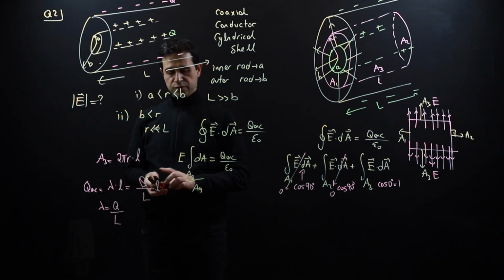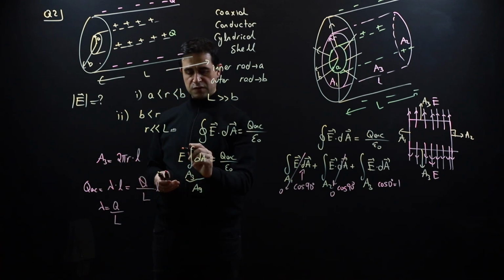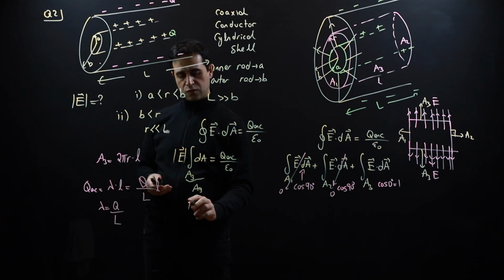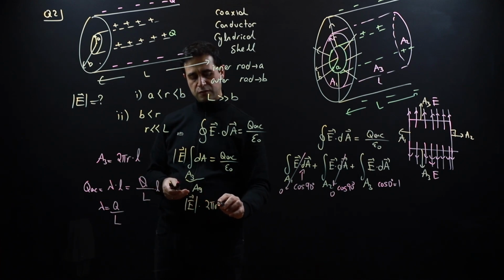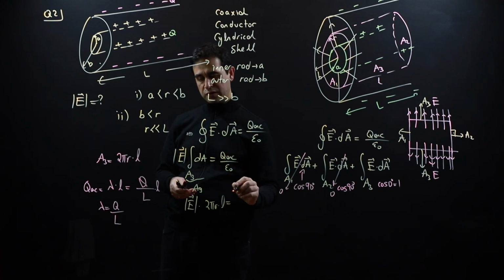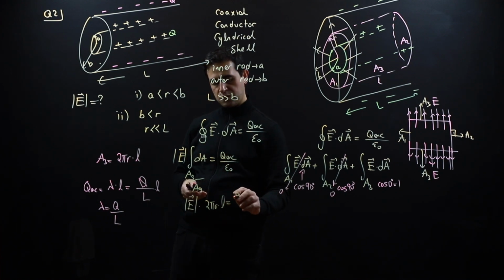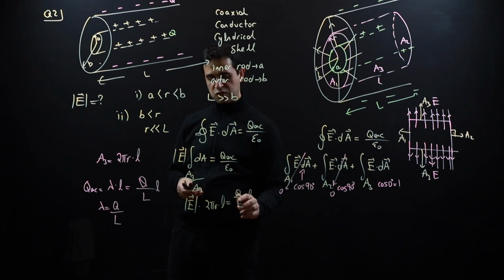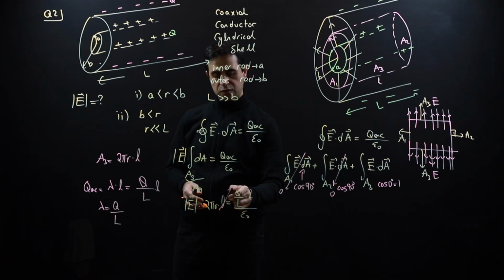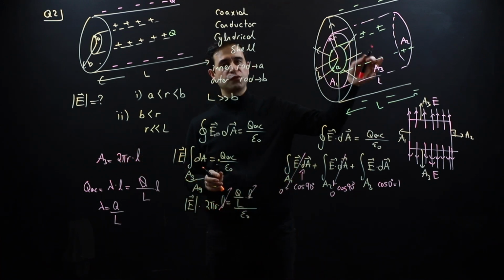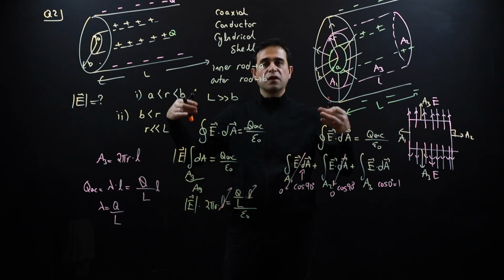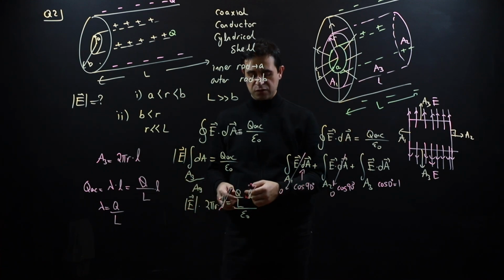Now we are ready to write this down, because this is the E magnitude. So it is E magnitude times A3, which is 2 pi r times small l, equal to Q enclosed, which is Q divided by capital L times small l, divided by epsilon 0. Now you see small l goes away. The electric field should not depend on the Gaussian surface that we choose, because we're just using an arbitrary Gaussian surface to figure out the magnitude of the electric field.